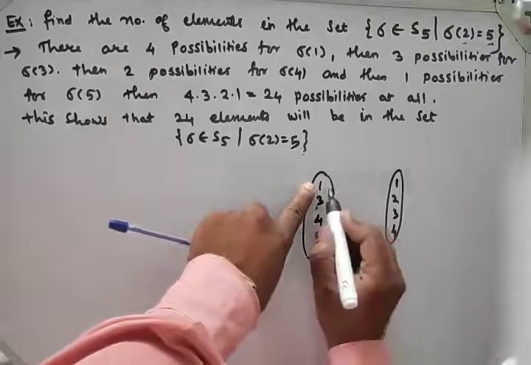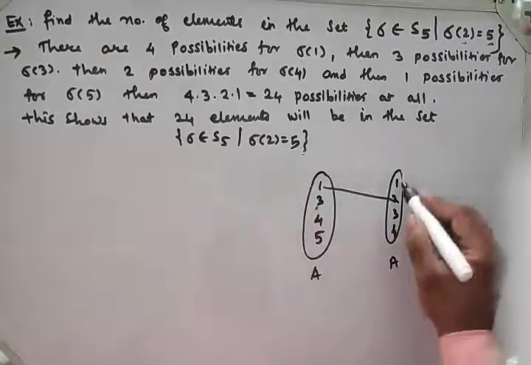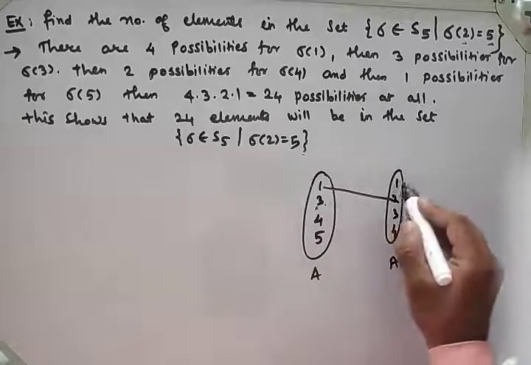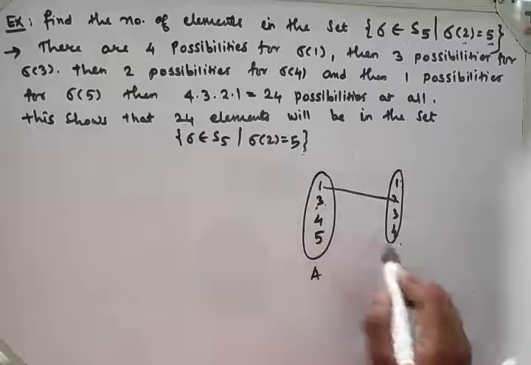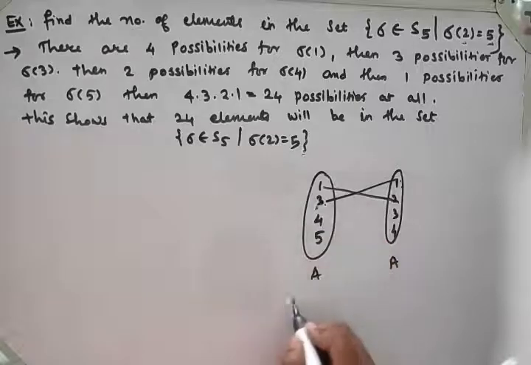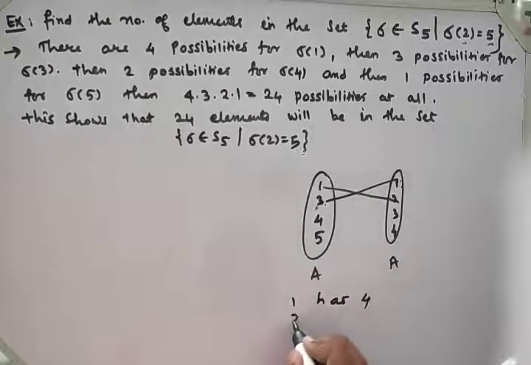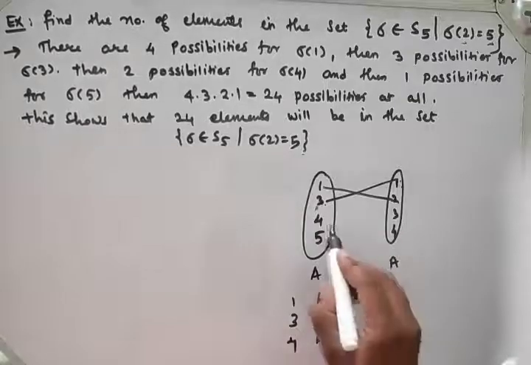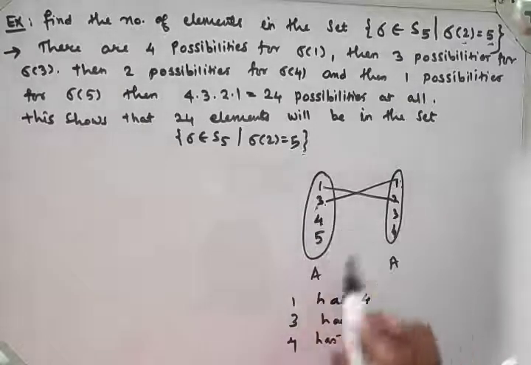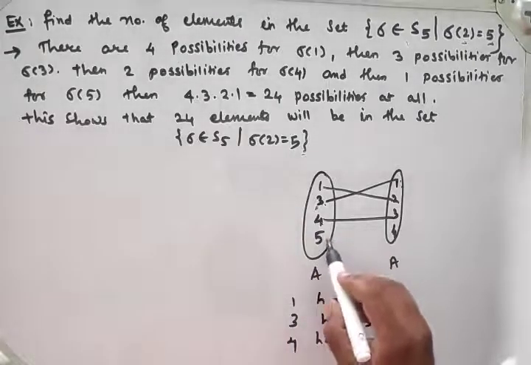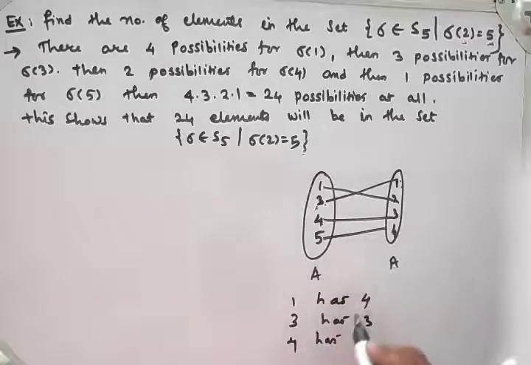If I select one value for 1, then 3 values remain. So the next element 3 has 3 possibilities, 3 takes 1, or 3, or 4. Next, 4 has 2 possibilities remaining, either 4 takes 4 or 4 takes 3. Suppose 4 takes 3, then the last element 5 has only one possibility.